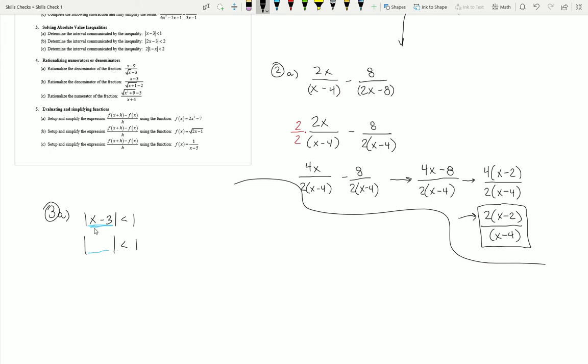So notice right now I'm not thinking about what I'm going to plug in for x. I'm thinking about what the entire x minus 3 could become. And what would I need it to become in order to get the result, when absolute valued, less than 1?